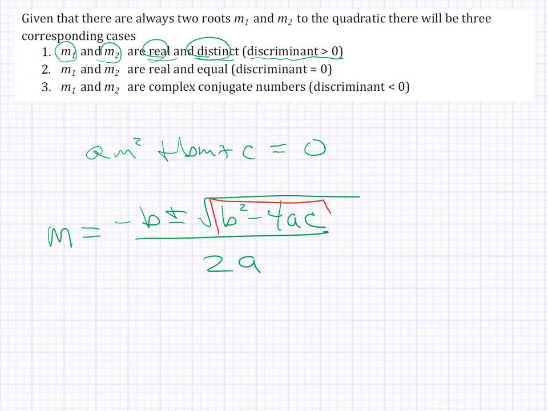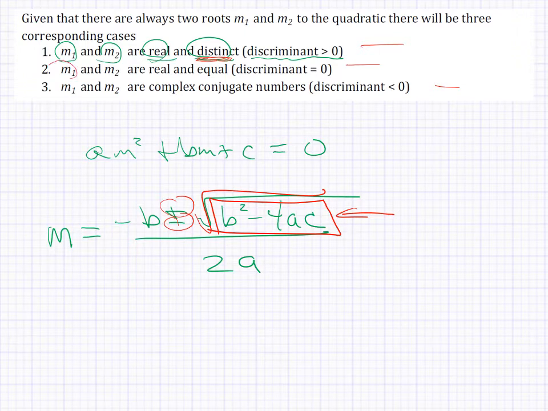And this b squared minus 4ac is what we call your discriminant. What happens with it dictates which of these three scenarios you end up with. So the discriminant is positive: you get the square root of a positive number, you add and subtract it, and that's where you get your two distinct real solutions.